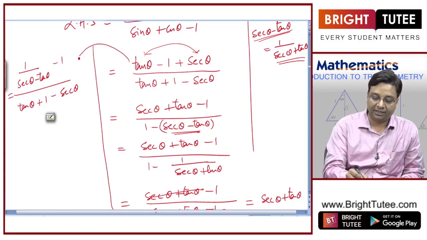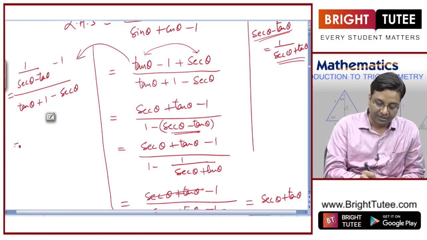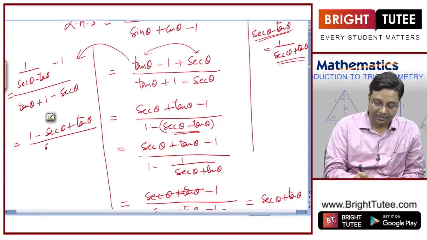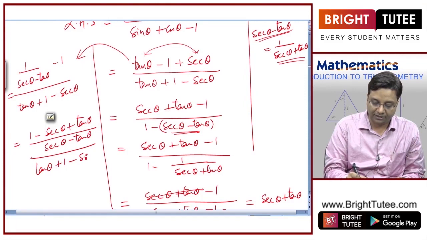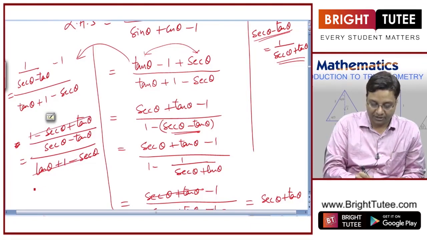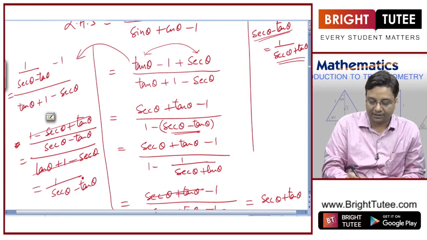If I write this expression like this, and take the LCM as secant theta minus tan theta, the numerator will become 1 minus secant theta plus tan theta divided by secant theta minus tan theta, and this divided by tan theta plus 1 minus secant theta, right? So now you see this and this get cancelled, okay? So I will be left with 1 by secant theta minus tan theta.